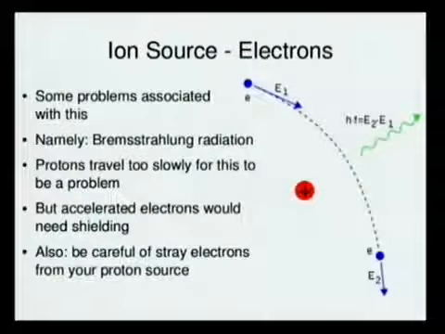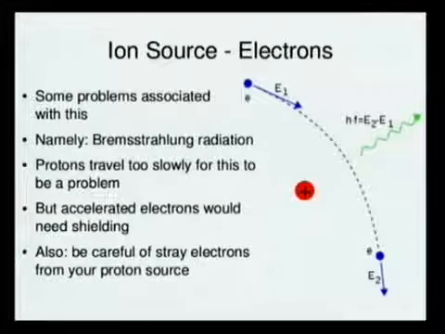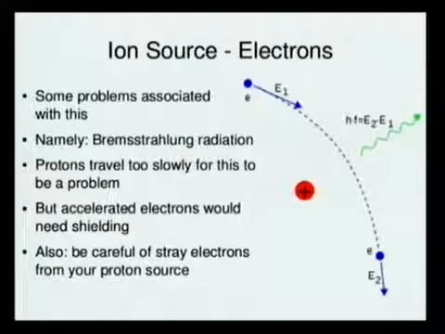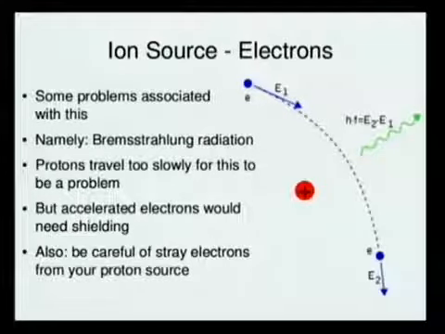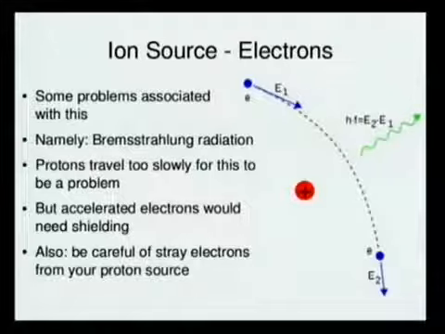As promised, here's the bit about electrons. When you accelerate charged particles on a curved flight path, you get something called Bremsstrahlung radiation, which is basically photons in the soft X-ray range that come out perpendicular to the flight path.